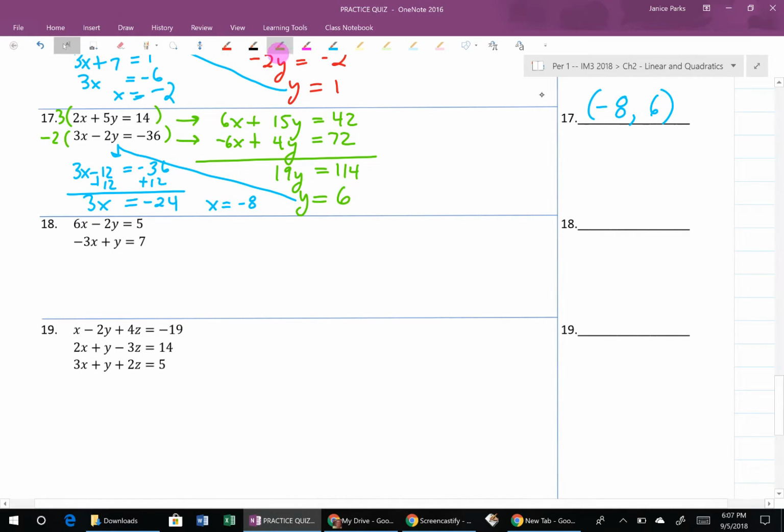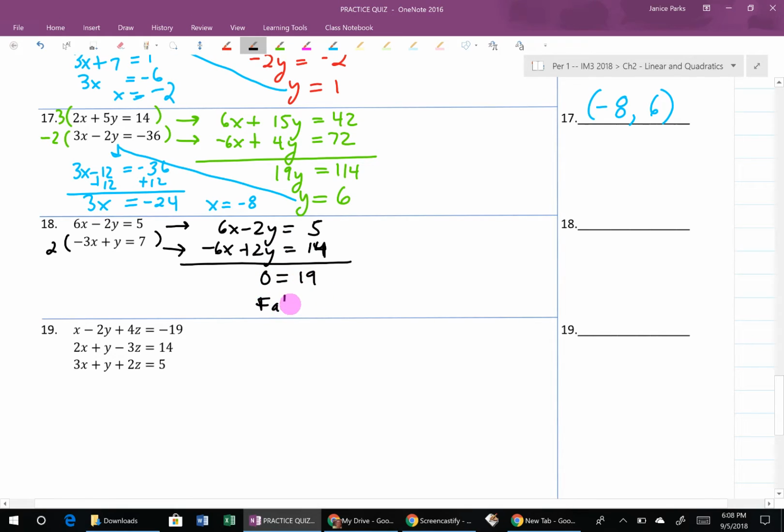For number 18, I'm going to multiply the bottom equation by 2. So I have 6x minus 2y equals 5. The bottom equation, negative 6x plus 2y equals 14. When I add these two equations together, I get 0 equals 19. That's a false statement.